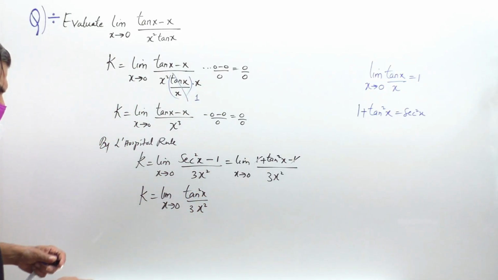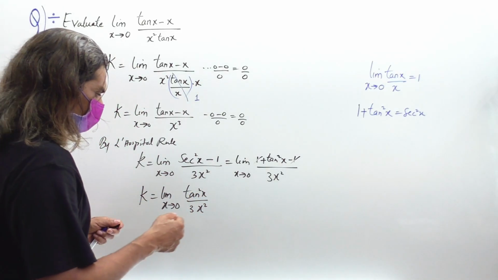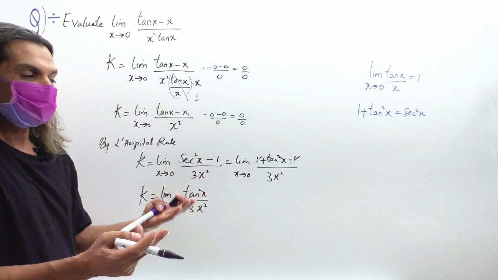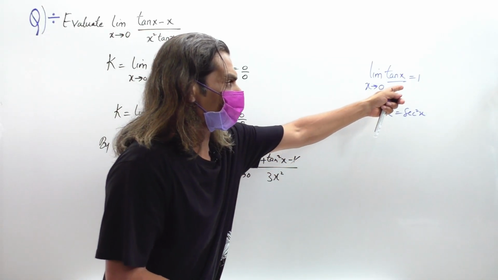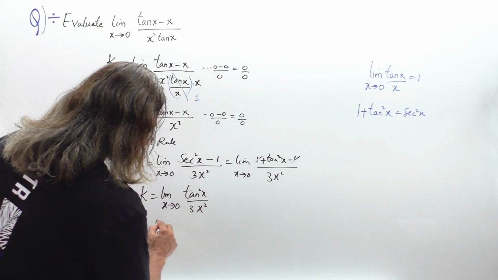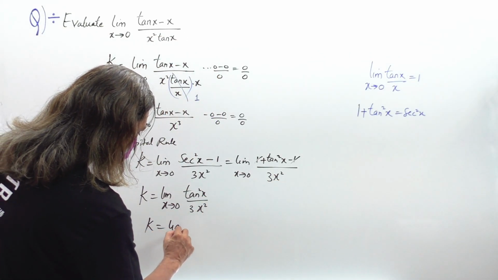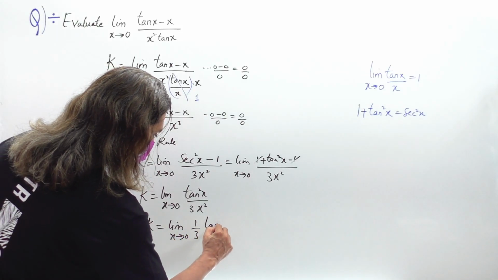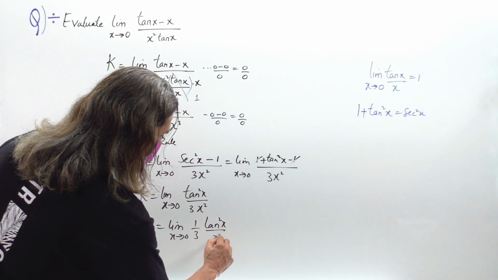Now again, how to apply it? This becomes more and more easy now, because again this is reducing to the same form tan x by x. So I will rewrite this as k is equal to limit as x tending to 0 of 1 by 3 into tan square x by x square.